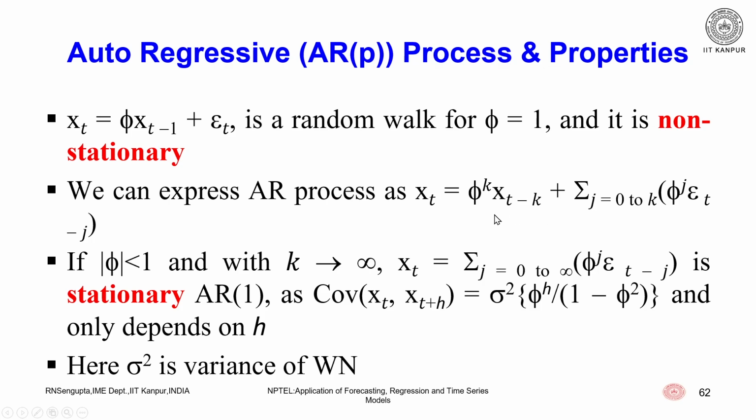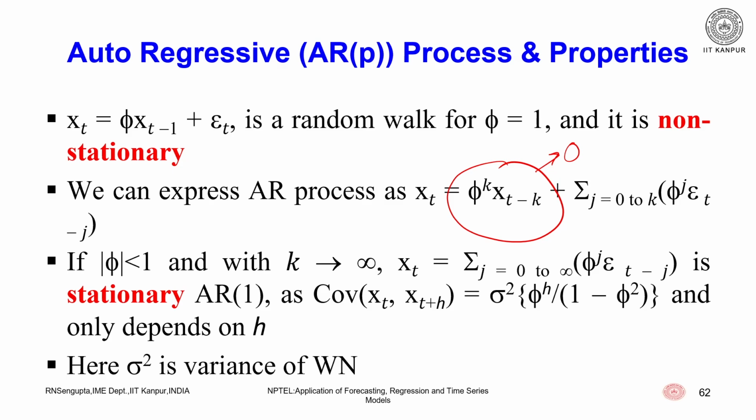This is just another way of denoting it, and if mod of phi is less than 1 and k tends to infinity, then interestingly the first term which you have can be made 0, and the next set of summation terms would basically give you the stationary concept for the AR1 process.